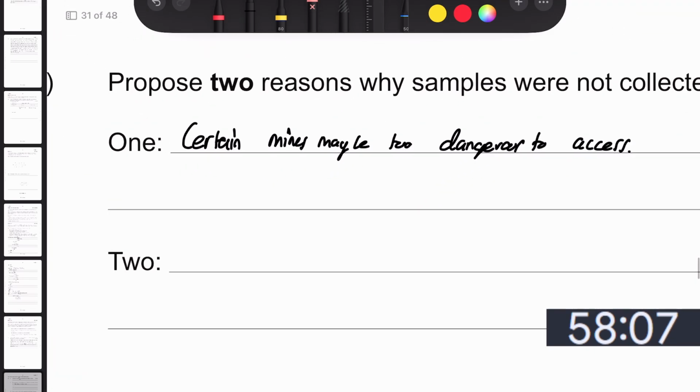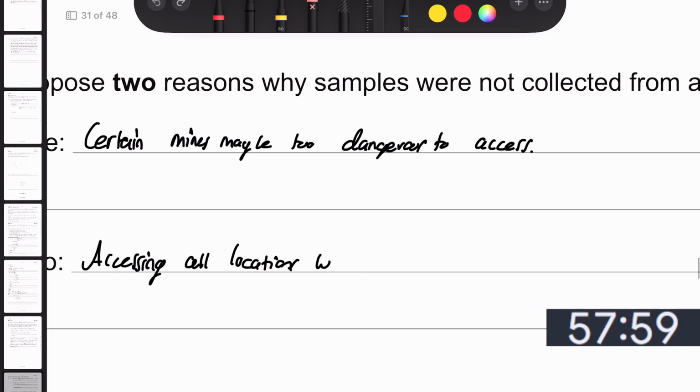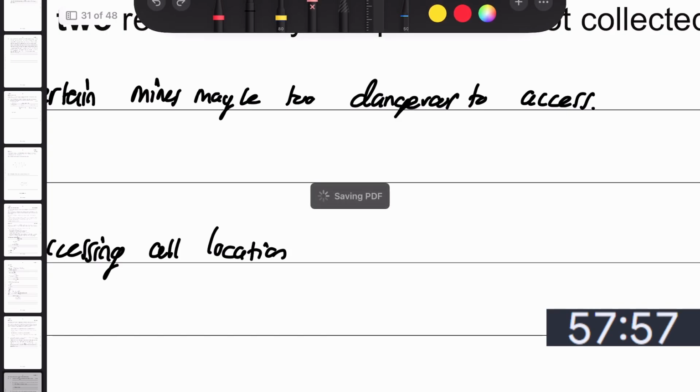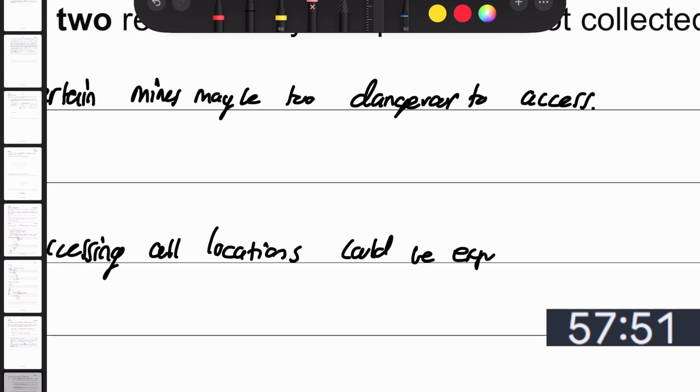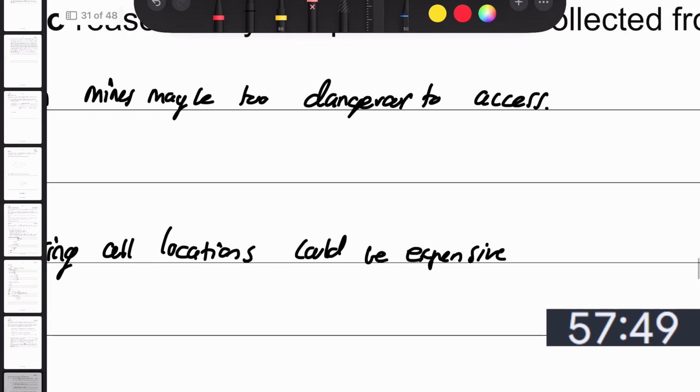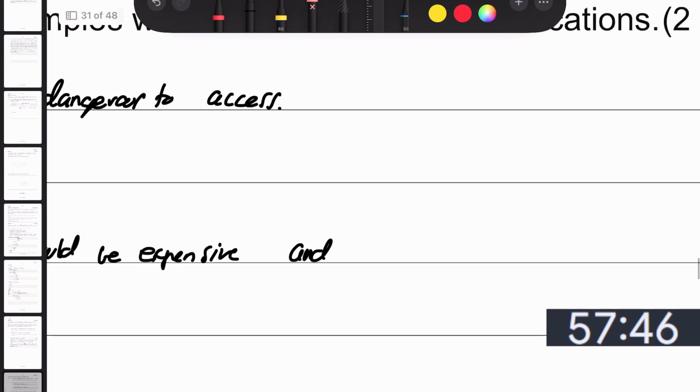And then another reason: accessing all locations would be time-consuming, could be expensive, and take a lot more time.